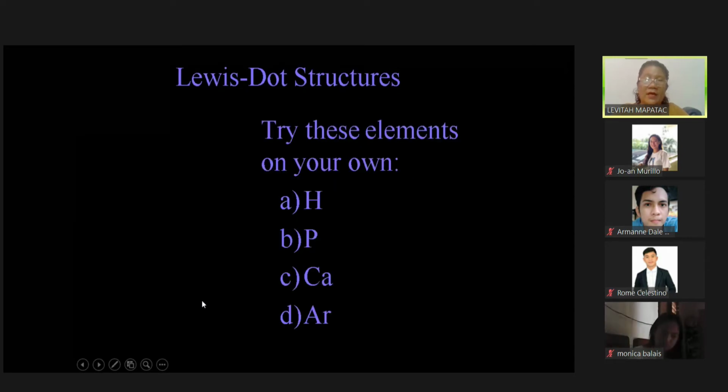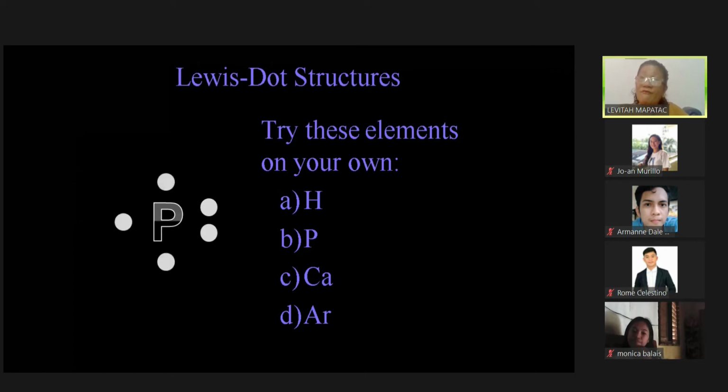So let us try this. Hydrogen, atomic number 1. Where is this in the periodic table? This is in group 1, so only 1 electron. For phosphorus, look for phosphorus in your periodic table. What group?